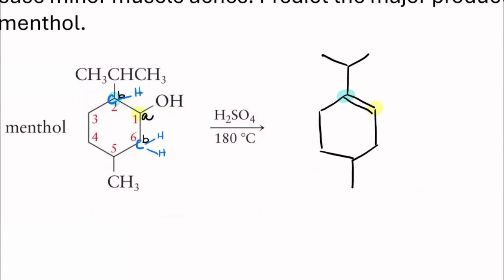Let me now write what would be the product looking like if instead I take away one hydrogen in carbon 6 and the OH in carbon 1.